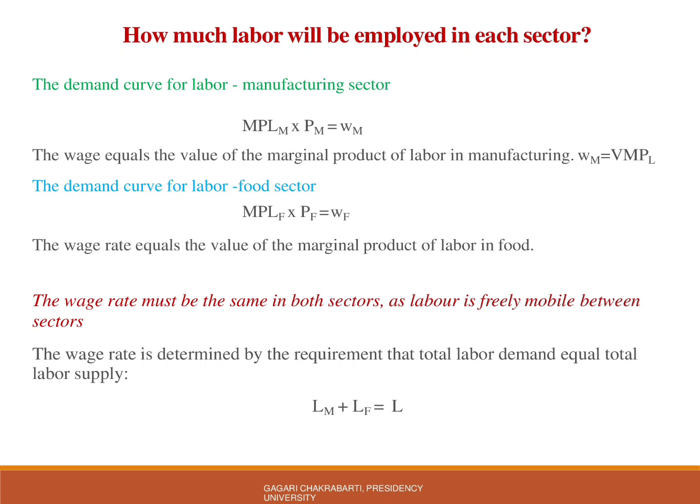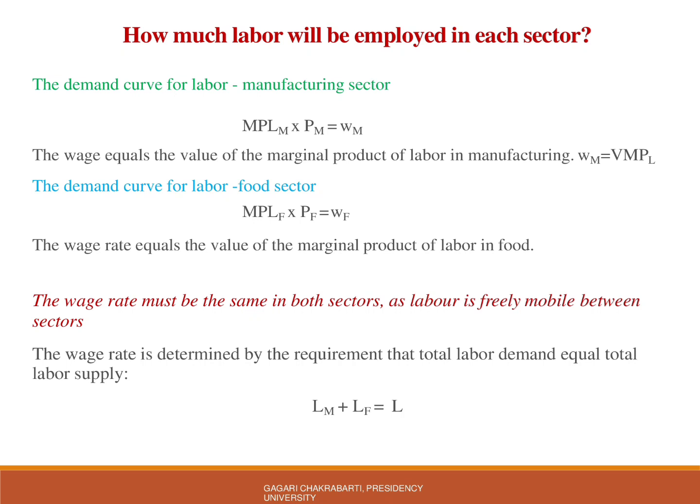Therefore, the VMPL curve will give us the amount of labor that will be demanded at different wage rates. Similarly, we derive the demand curve for labor in the food sector. So the wage rate will be equal to the value of the marginal product of labor in the food sector. So therefore, VMPL in the food sector will be giving us the demand for labor in the food sector.